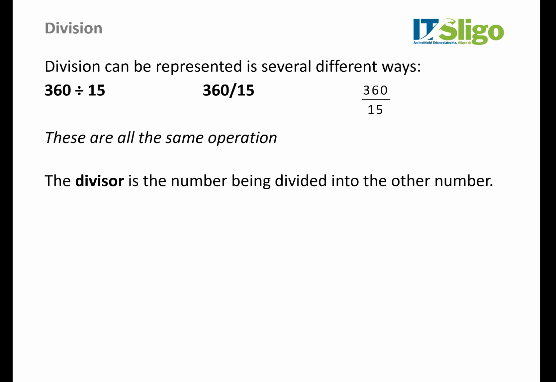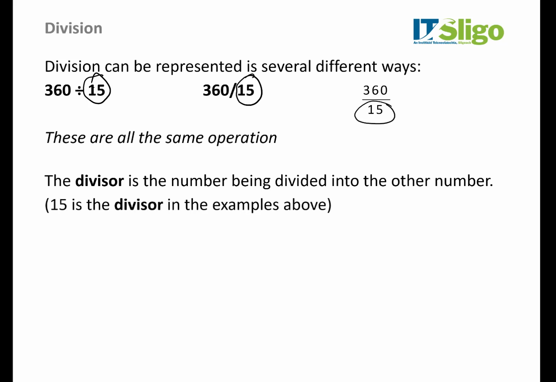What's crucial, guys, is identifying the divisor. What's being divided in. That's the crucial bit. Be very careful. Because often, guys, in this module, you might come across this: 15 divided by 360.